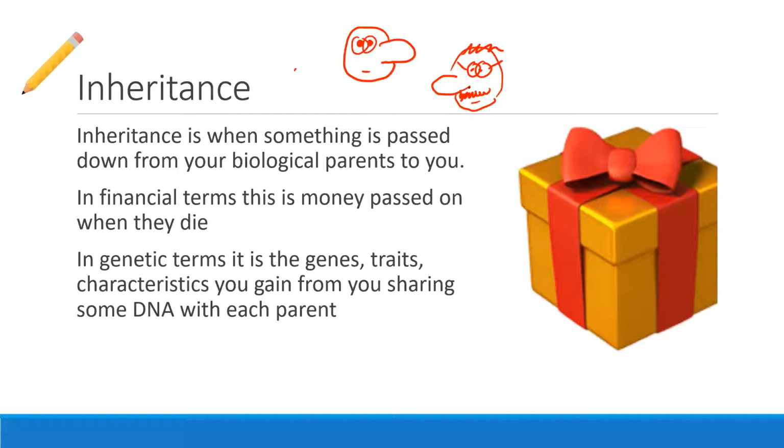Because of that, you share the same trait. So you might have a weird eye that is a little bit off center, the same thing Uncle Jerry had. Look at that, you have shared DNA.